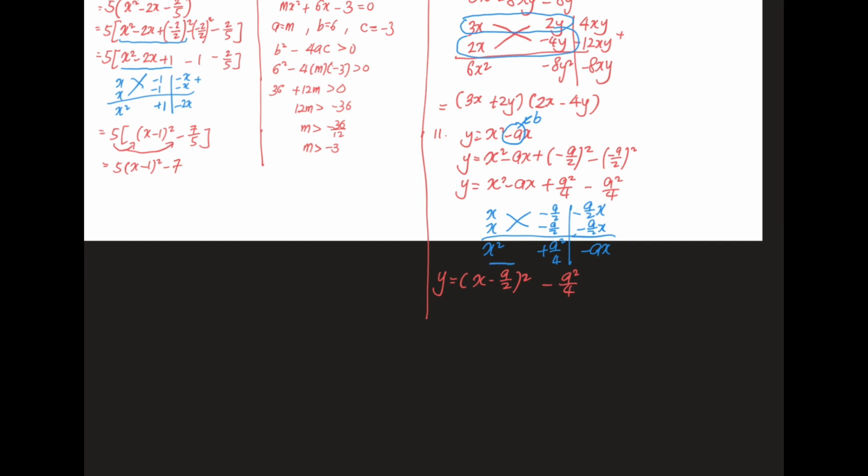Once you get this, to get the turning point for x, we let the bracket equal to 0. Then we have x minus a over 2 equal to 0, x equal to a over 2. And y is minus a squared over 4.